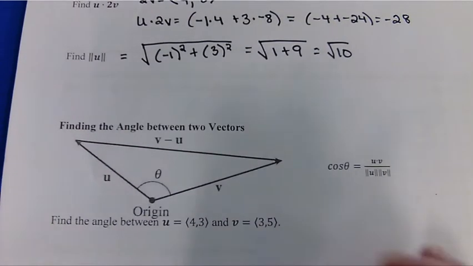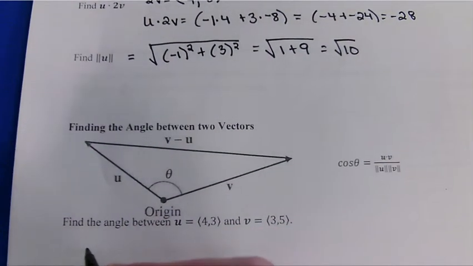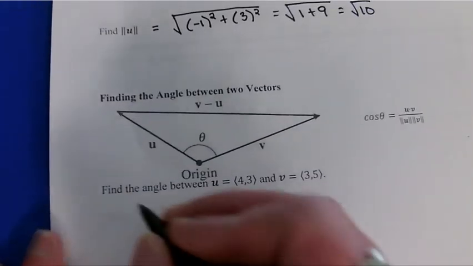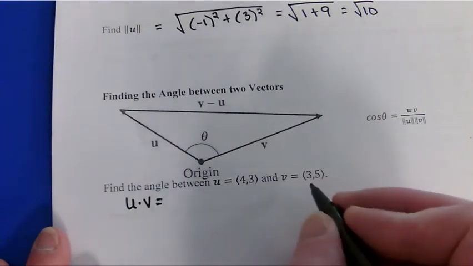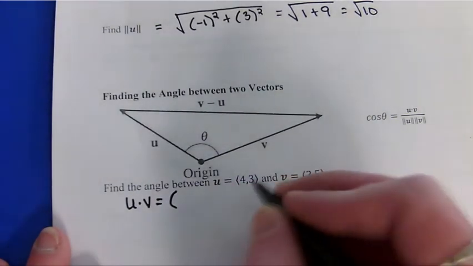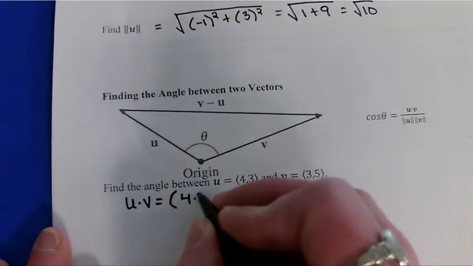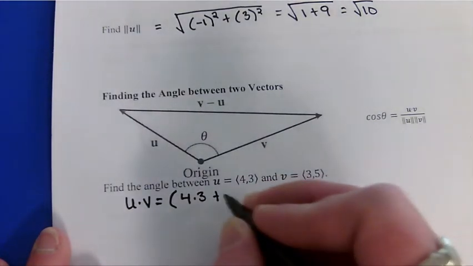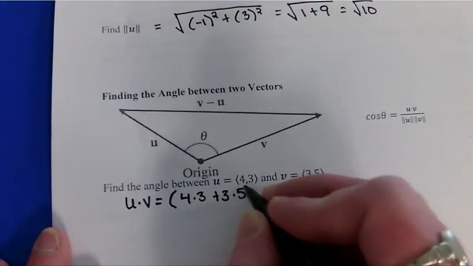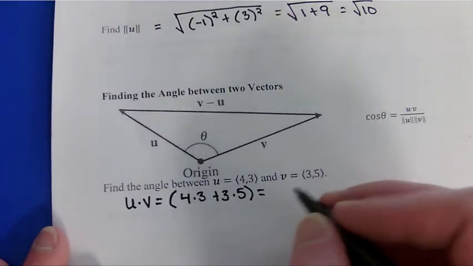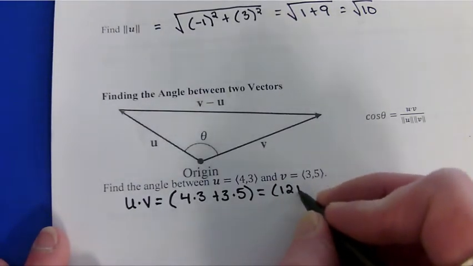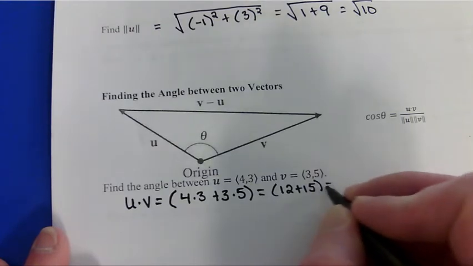So let's break that down. I like to take it piece by piece. So I like to find u dot v first. Well, u dot v means I'm going to multiply the x components together and then multiply the y components together. And so that's 12 plus 15. That's 27.